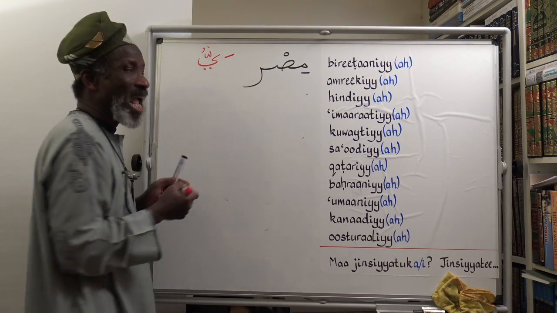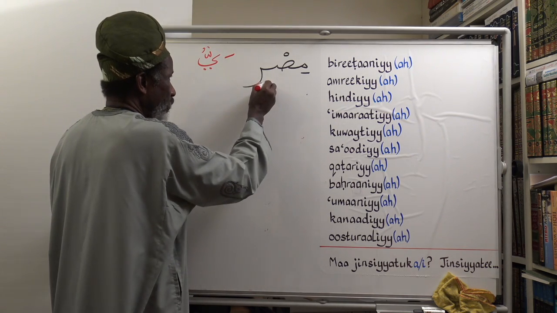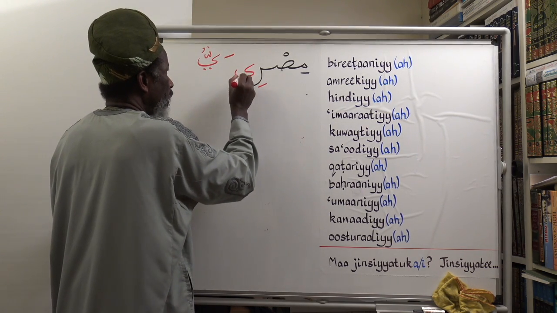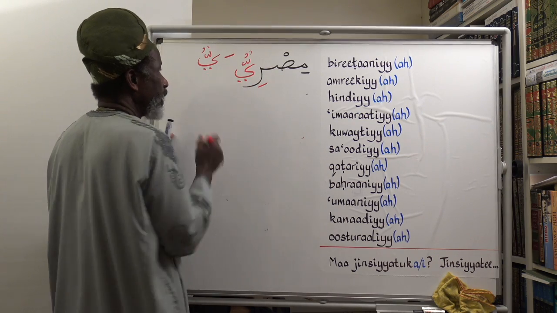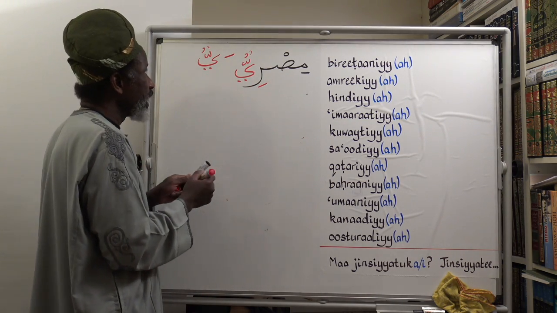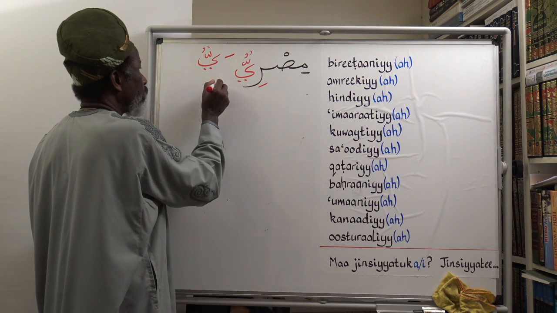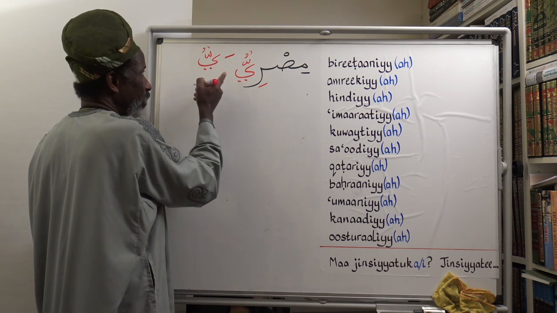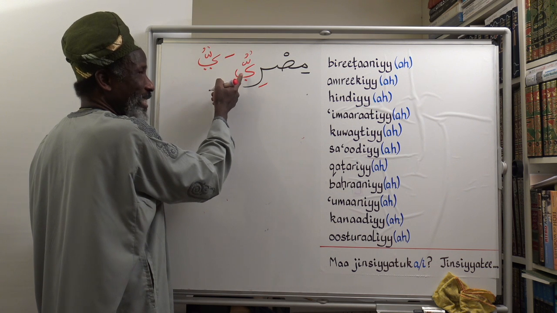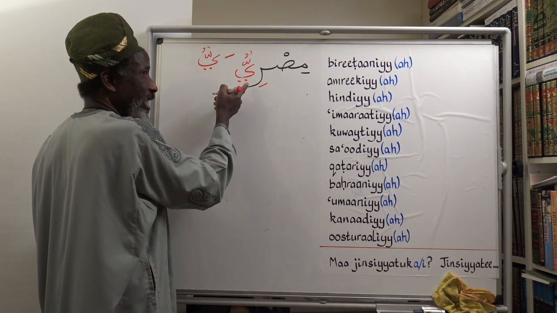So Iyun is the ending. So it becomes Misriyun, Egyptian as a male. If you want to do female, the ending will be Iyatun. So Misriyatun.